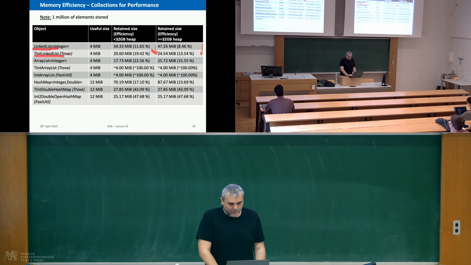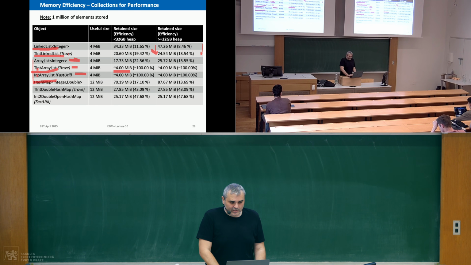The situation is different for array lists. This is the standard one. Here you have Trove and fastutil in the case of primitive integers, and you see it's consuming almost the same, because the only overhead is a single object header for this TIntArrayList instance, nothing else.